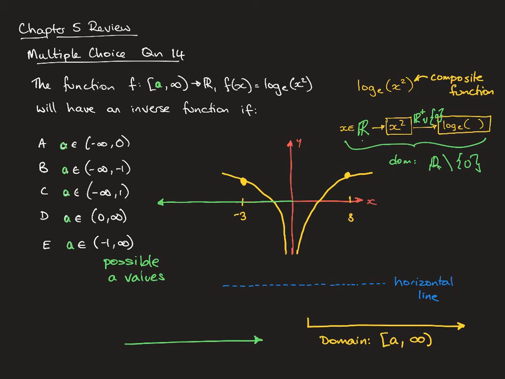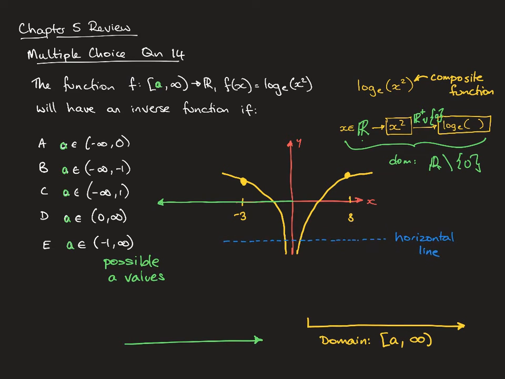To have an inverse function, it has to pass the horizontal line test. So here's my horizontal line. At the minute, completely unrestricted, you can see that the function log to the base e of x squared fails the horizontal line test. That horizontal line is touching the function twice. And so with an unrestricted domain, it won't have an inverse that is also a function.